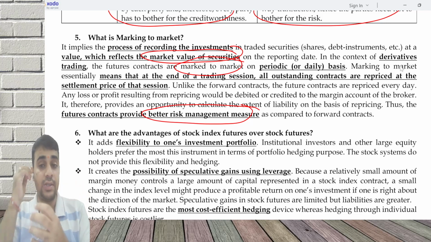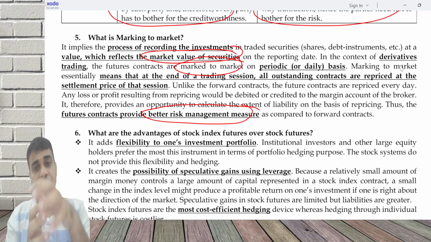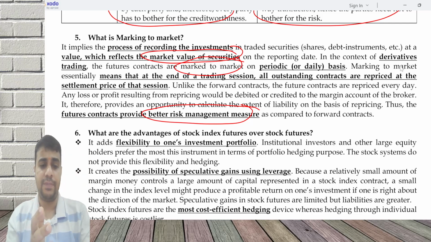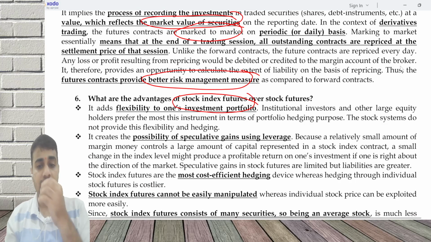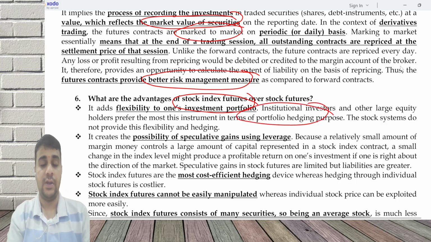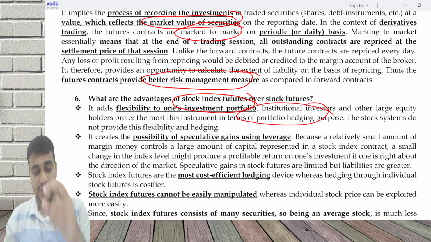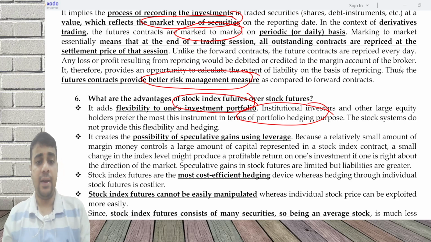We used to check this in our problem solving, that using an index future which has a beta of 1, we were able to increase or reduce the beta. It gives flexibility to one's investment portfolio. Large investors want to use index futures for hedging purposes. Also, you can make speculative gains. Though the index changes less, the margin requirement, that is how much money you have to put in initially, is on the lower side.